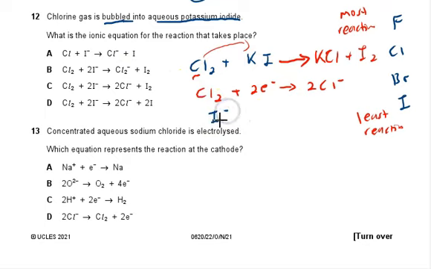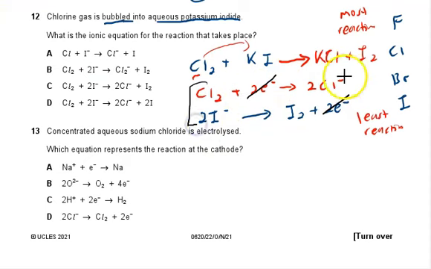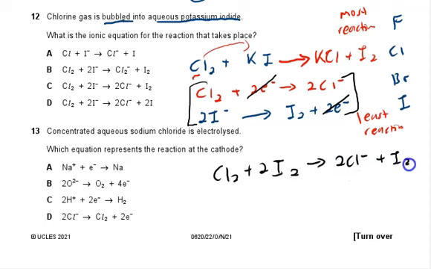Iodine is already in iodide form, so they will release the electrons. We can cancel off these 2 electrons and 2 electrons, and make it in the form of a full equation. So we will be getting this answer, 2 chloride, and you have the iodine. So which is B as your answer. Yes, correct, it's B. So this is your working.